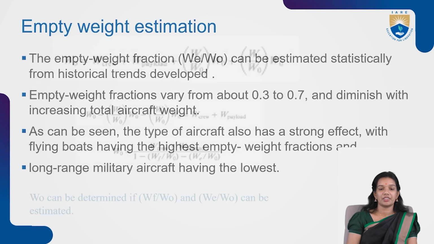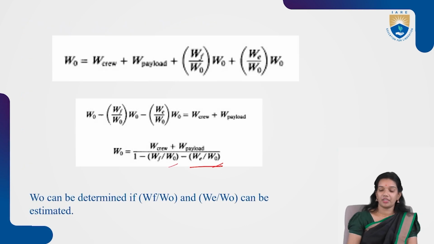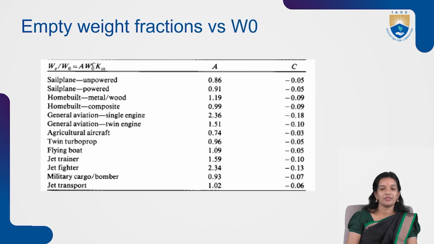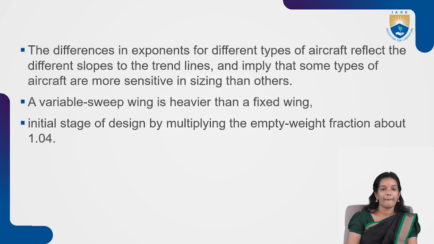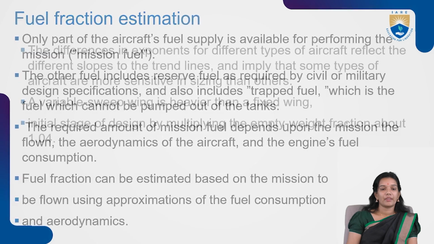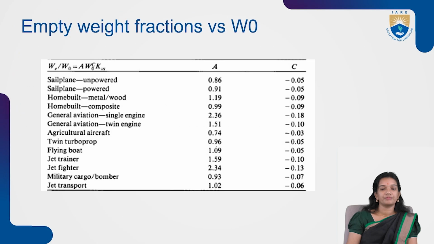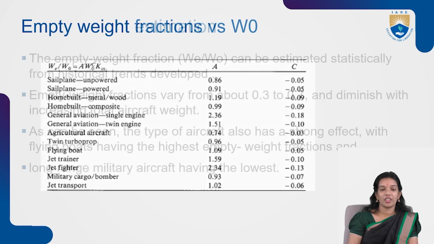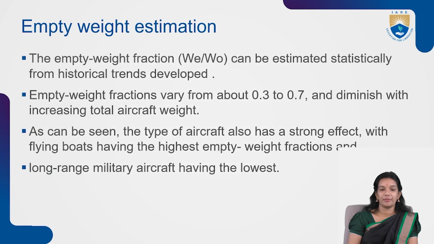So first we are going to estimate the empty weight fraction, which is WE by W naught. This empty weight fraction can be estimated statistically from the historical trends. A historical trend graph should be there, but it is missing.